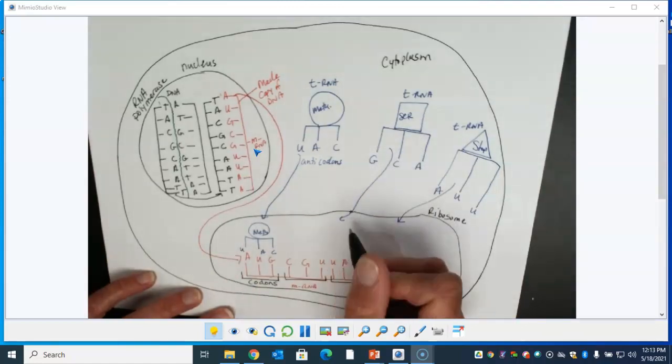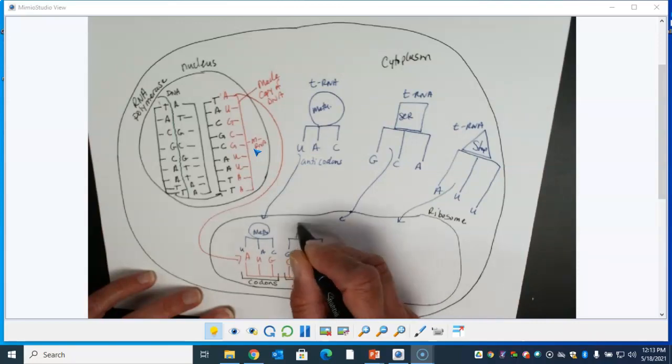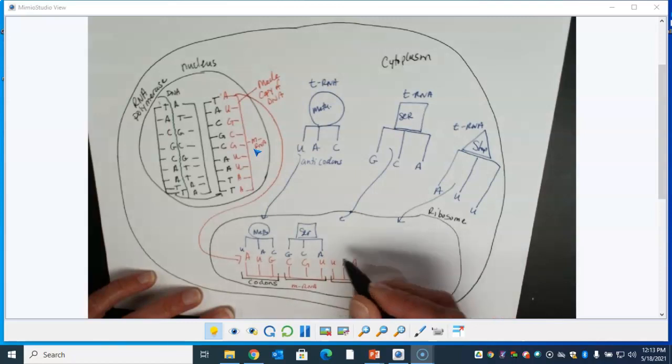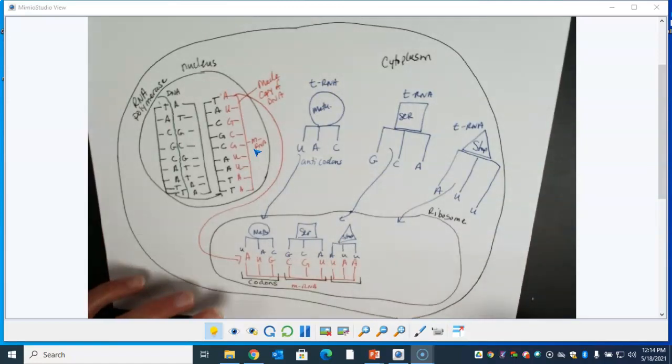This one comes in and it matches up. Guanine, cytosine, and adenine, and that has serine. And the last one comes on in and matches up, AUU, and that amino acid tells the ribosome to stop.